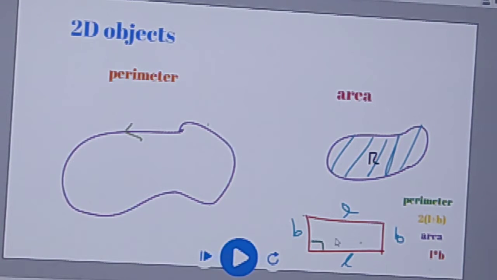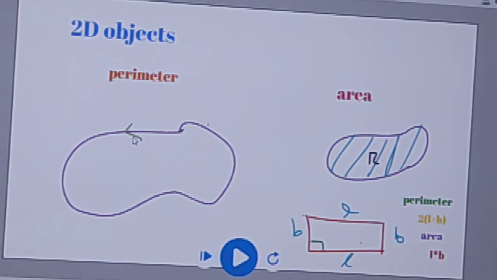And the area here is the region inside the rectangle. So the region occupied inside the rectangle is the area.